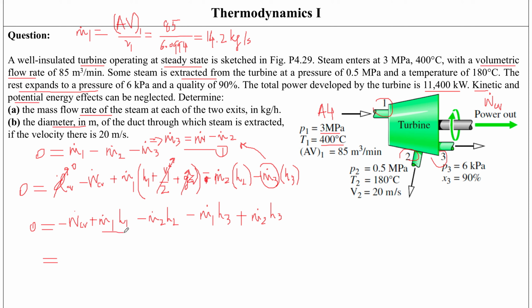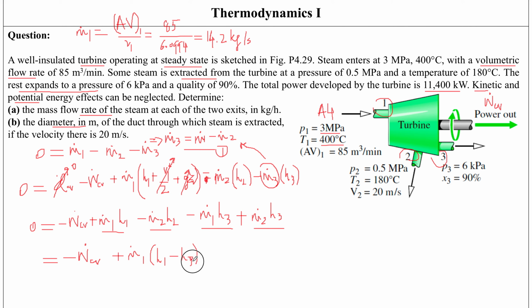on this side you've got m dot 1 h1. You can take this out, and you've got m dot 2 h2, m dot 2 h3. So from here you can simplify it even further by writing it as m dot 1, you can take it out as a factor, and then m dot 1 into h1 minus h3.